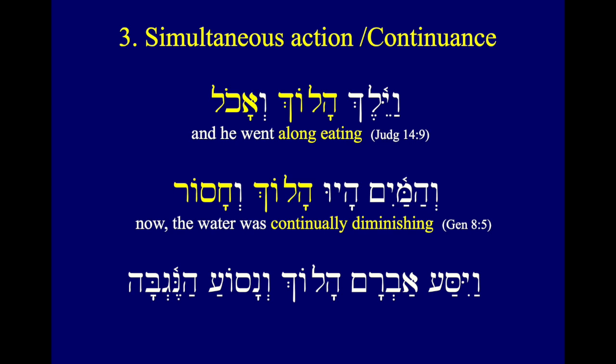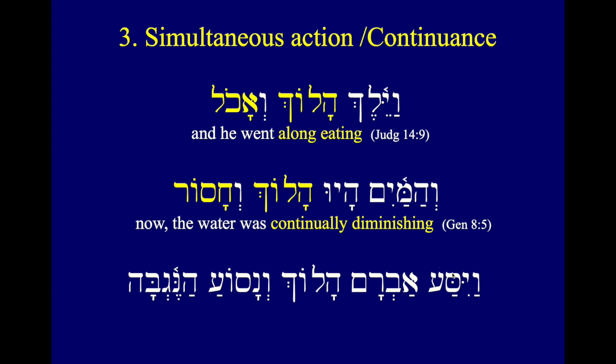Here's another example here. Vayisa Avram haloch v'nasoa hanegava. Sorry. So this verb right here, this is a vayic tol, like you see this kind of storytelling form of the verb. And then this is a form of the verb nasa.